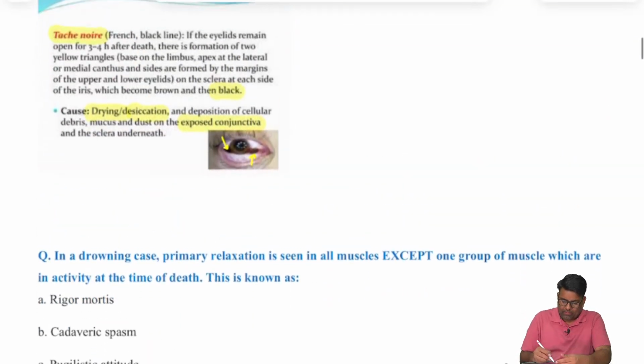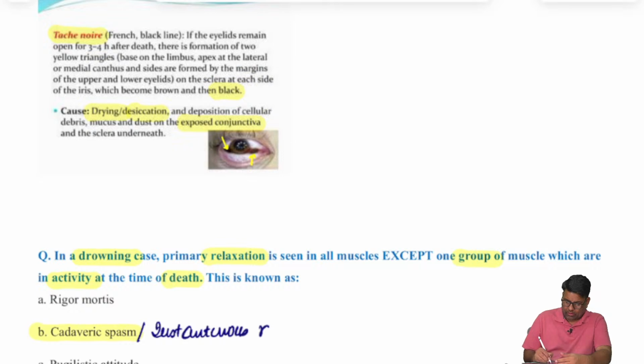Then if there is death due to drowning, we see relaxation in the majority of the muscles, but some groups of muscles may lack this primary relaxation and will show rigor soon after death. This is known as cadaveric spasm, also known as instantaneous rigor. It can involve any group of muscles.